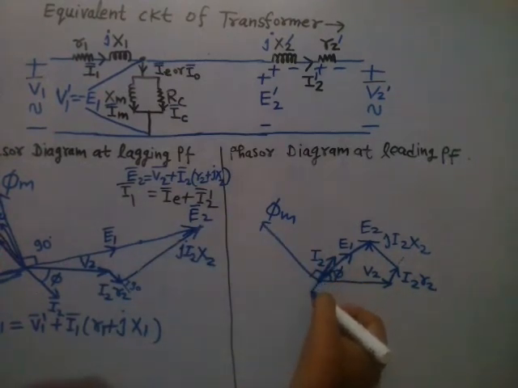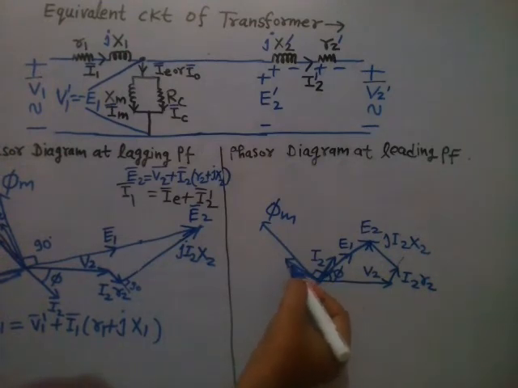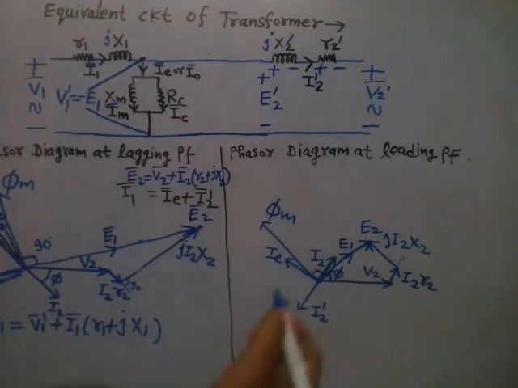I2 take back side, you will get I2 dash like this. This is I2 dash, which is basically the referred value, right? And IE, I told you, is almost in phase with phi m because it is produced by phi m, the exciting current IE. Now take the phasor sum of these two.